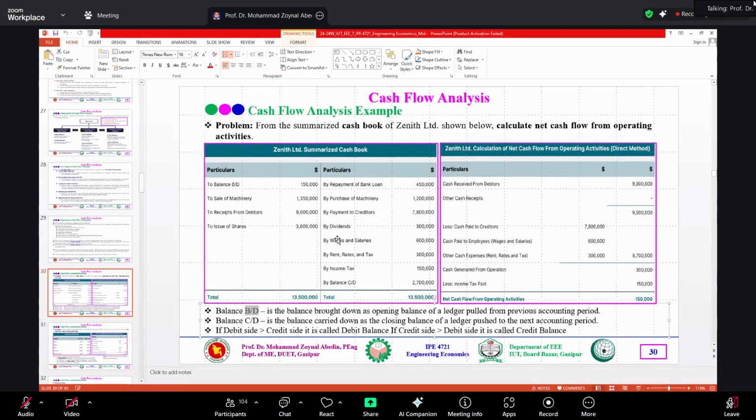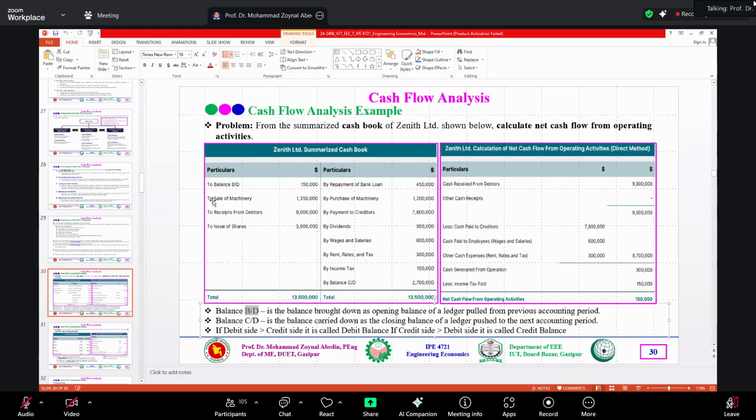If you have any idea about commercial activities in your practical life, you will understand that the money left over from the previous year comes to this year as the opening balance. This is the balance brought down from the previous year, which is 150,000 US dollars. This is the opening money you are getting from the previous accounting year, that's why you have to put it at the top.